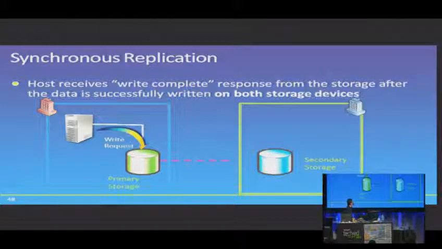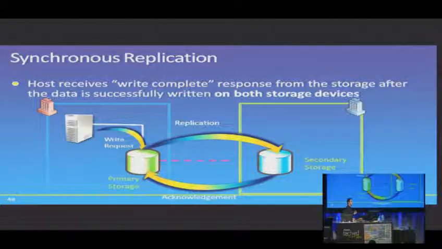Now, in synchronous replication, the storage replicates it over to the secondary storage, gets an acknowledgement back that, hey, the write worked. Then it acknowledges that the write's complete back to the Hyper-V host, which then passes that up to the guest. So I have to wait till it makes that whole round trip, and that's why there's distance limitations for things like synchronous replication.